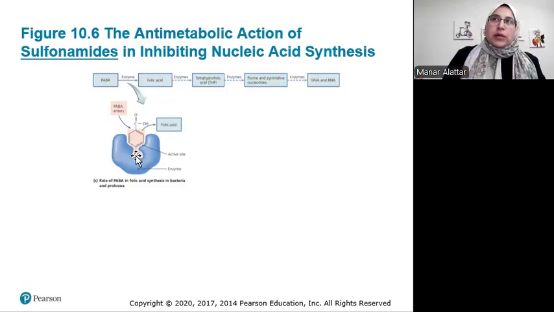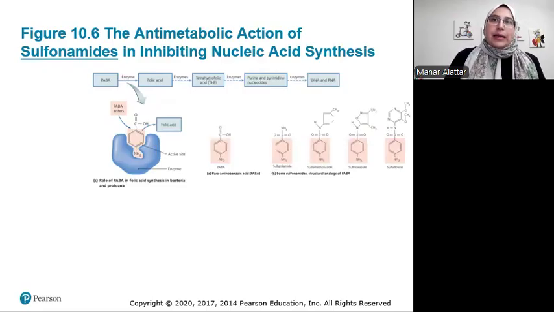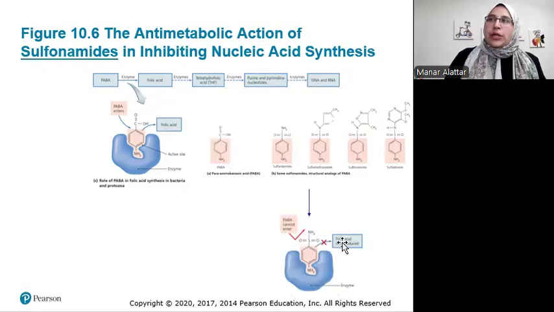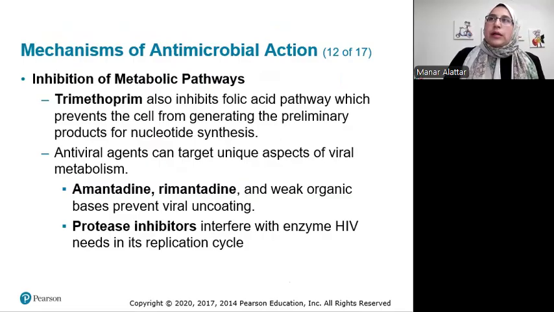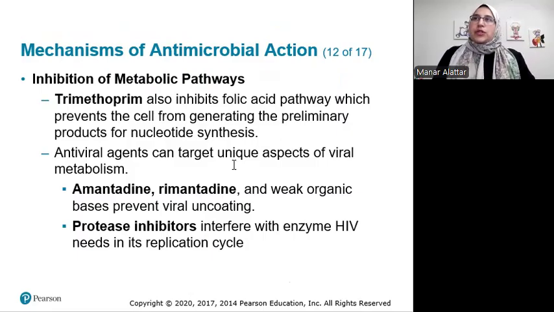But what sulfonamides do is they mimic PABA, and so they're competitive inhibitors of that site on the enzyme. And so if the sulfonamides bind instead, then the PABA cannot bind. Right here, we have an image here. And in that way, folic acid is not produced in those pathogens. And in that way, their activity can be first mitigated, and then eventually the antimicrobial will address the infection. Okay.